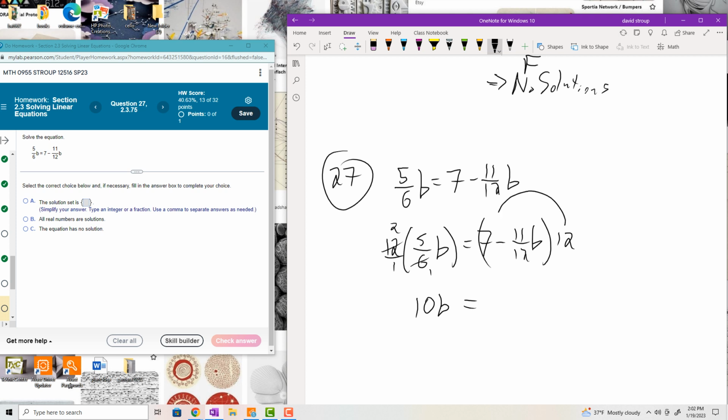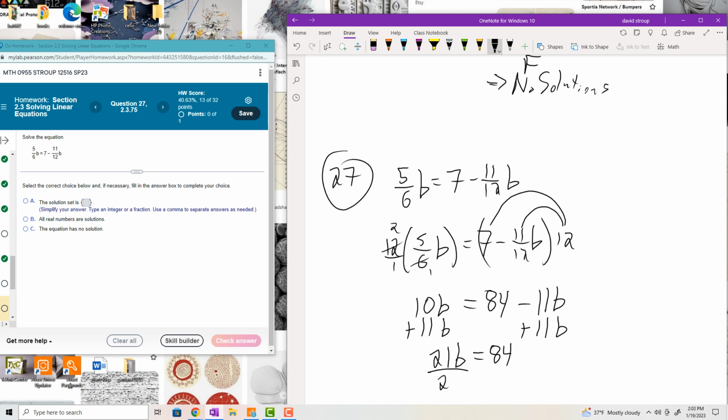On the right, I'm distributing, so I have 84 minus, in this case, the 12s will divide out, just leaving you with 11 b's. Then I'm going to try to combine the variables on one side. This one looks like it's going to work. 21b is 84.